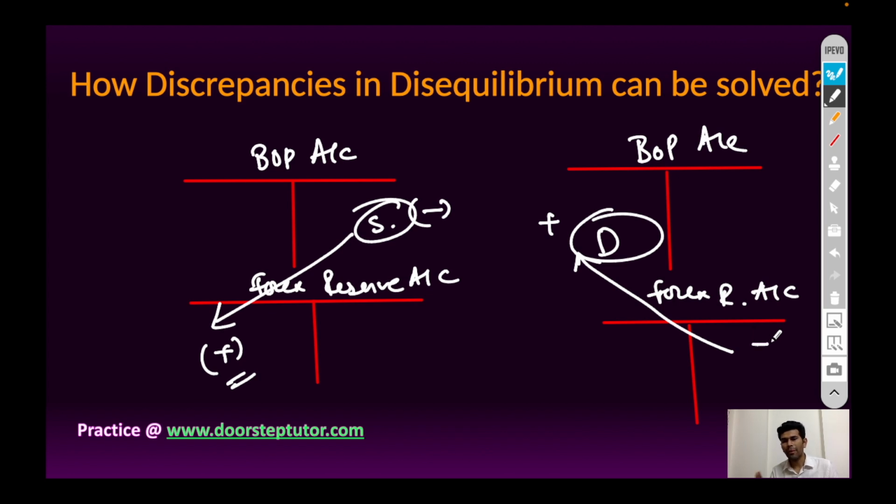The balance of payment deficit will be set off by deducting from the foreign exchange reserve account. So discrepancy in disequilibrium can be solved by way of the foreign exchange reserve account. It will be adjusted to the foreign exchange reserve account.